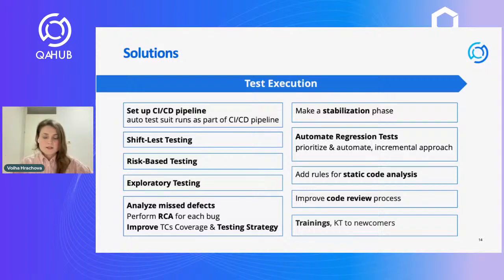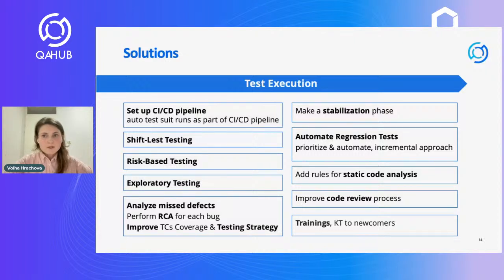So the idea is to start testing activities as soon as possible. And another approach is risk-based testing. What does it mean? It means that we need to discover high impact or highly critical areas, and put all our efforts and attention on those areas, or on areas of high risk.